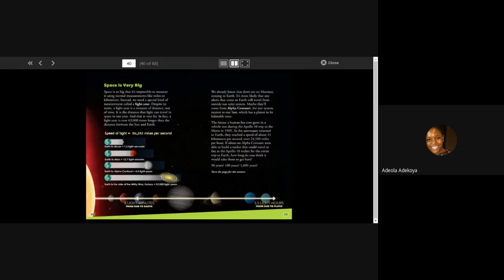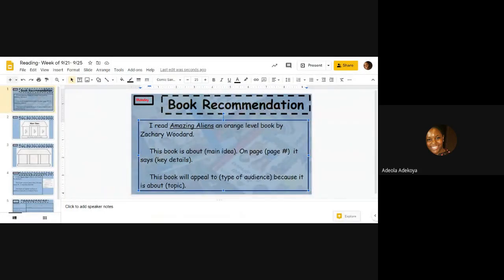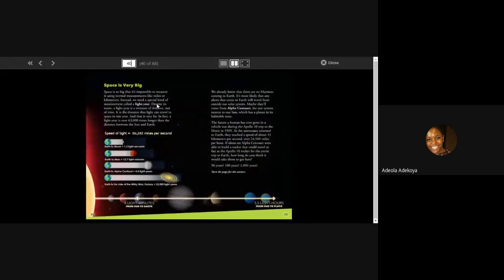So coming back here, this is about how big space is. On page, I'm going to give details about how big space is. How do I know it's that big? Let me see. So see, it says space is so big that it's impossible to measure using normal measurements. Instead, we use light years. And this is page 40.